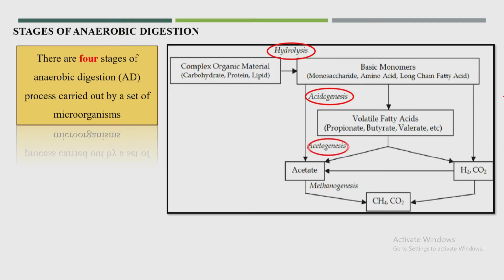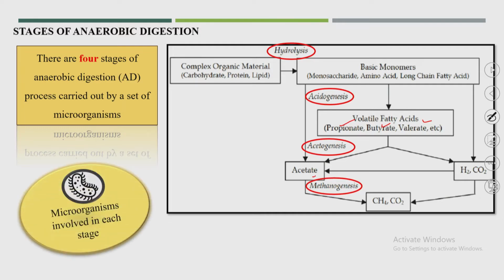In acidogenesis propionic acid, butyric acid and valeric acids are produced, but in acetogenesis these acids are broken down and converted into acetic acid, and finally from acetic acid we get methane and carbon dioxide as the final product, the biogas. The important fact is that in all the stages, different microorganisms are involved in each stage.